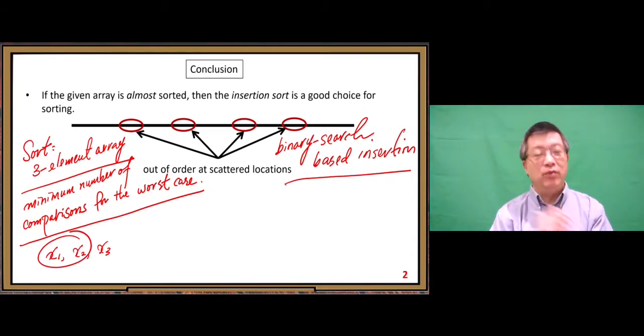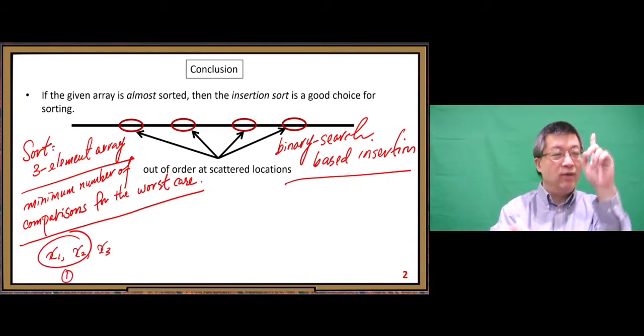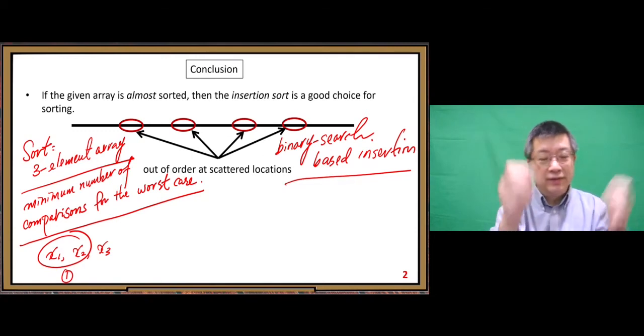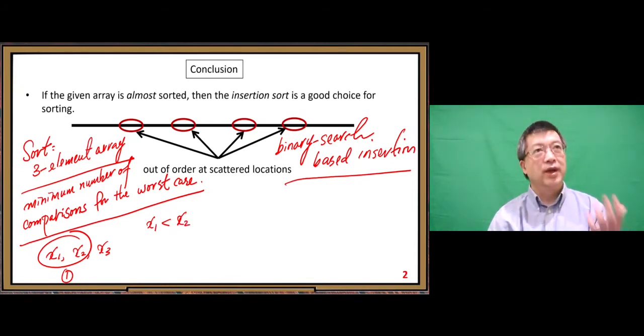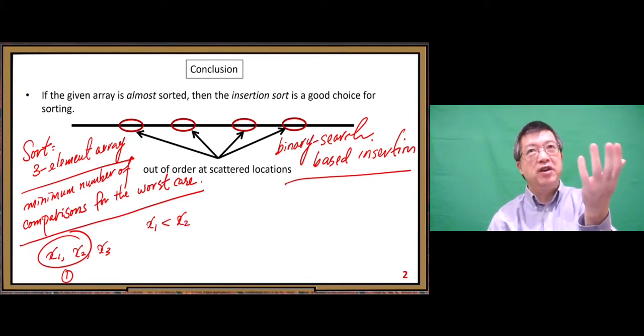Sort the first 2 elements, 1 comparison, right? With 1 comparison, we can get it in order, so we just assume x1 is less than x2, without loss of generality.